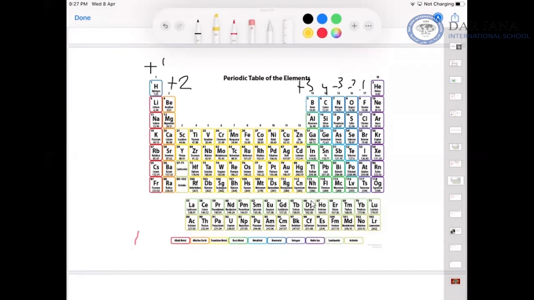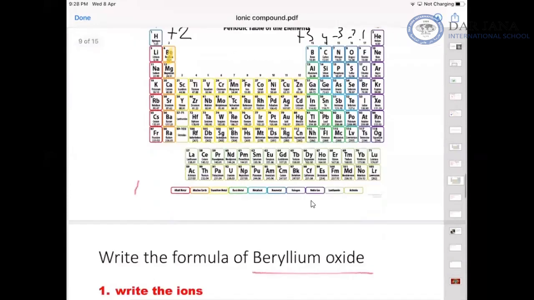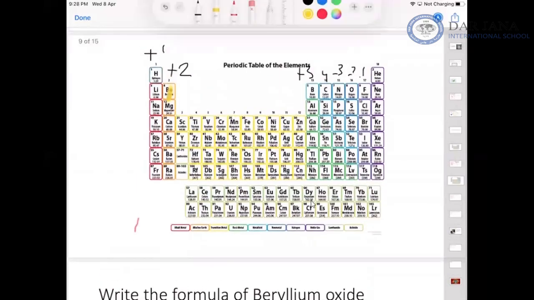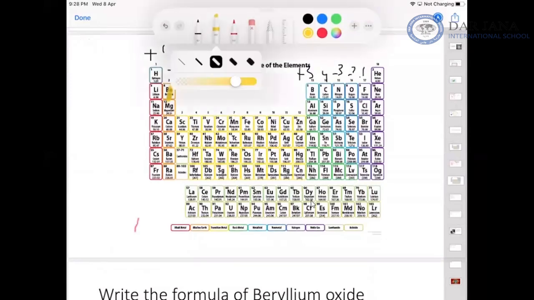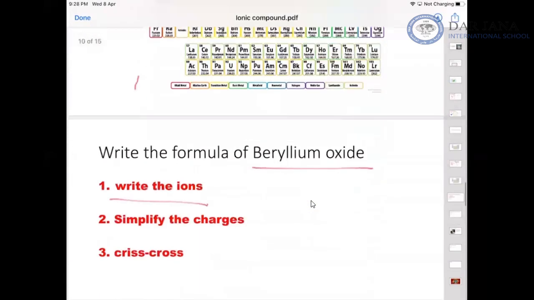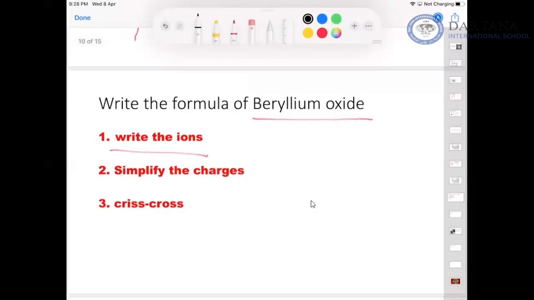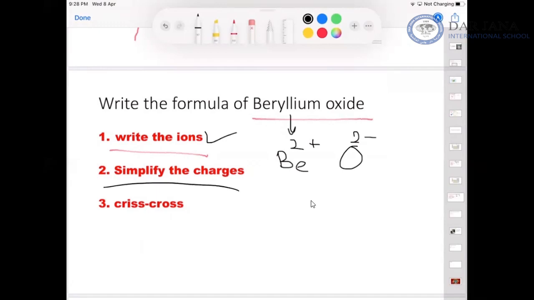So I have Be. It has a charge of +2. And I have the oxide. Oxide is the ion of oxygen, and its charge is -2. So step 1, I will write the charges. So I will have Be 2+, O 2-.